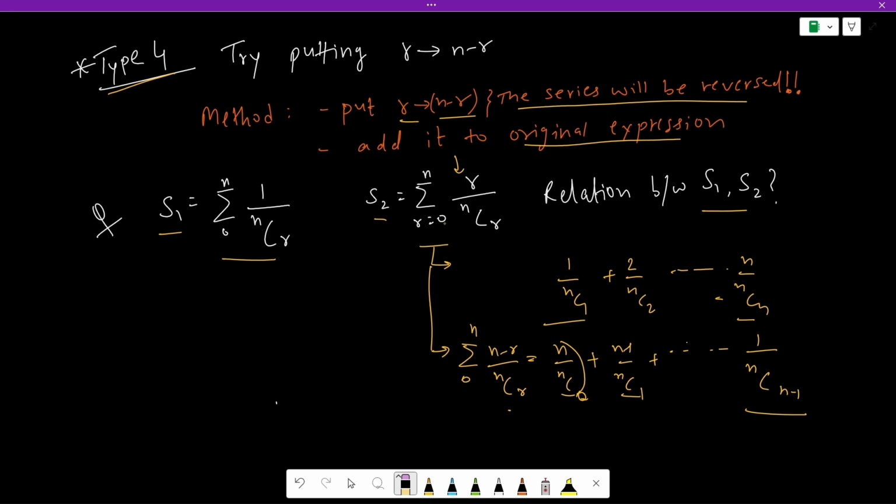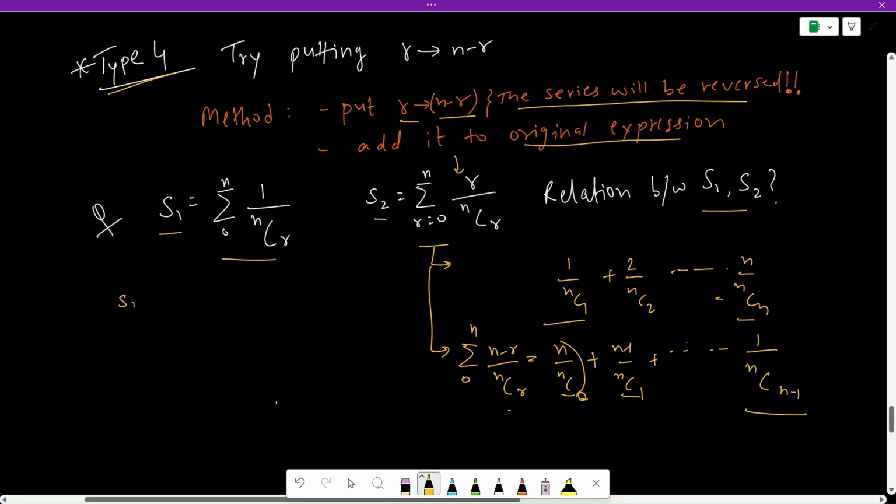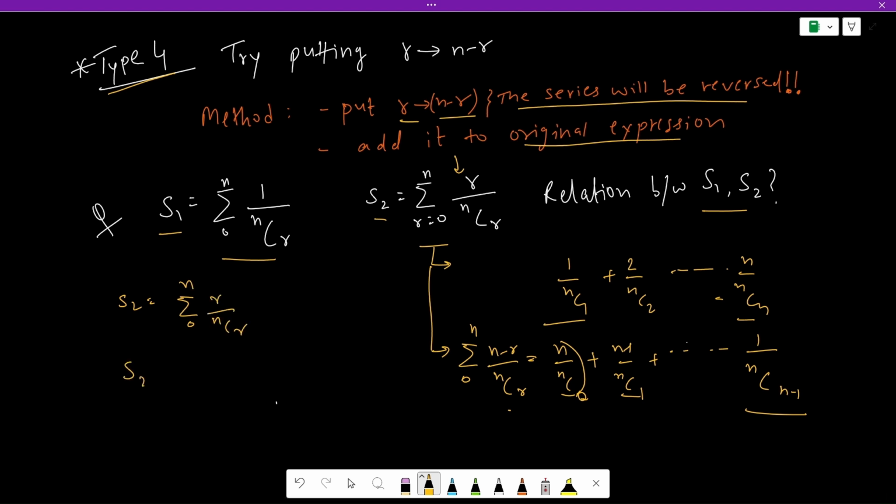Now let's add the reverse series to S2. So S2 is equal to summation 0 to n r by nCr. Now S2 also equals summation 0 to n, n minus r by nCr. Right, now let us add them.